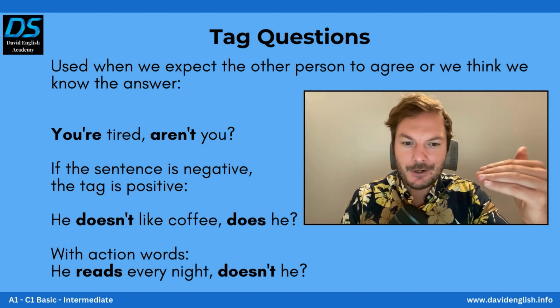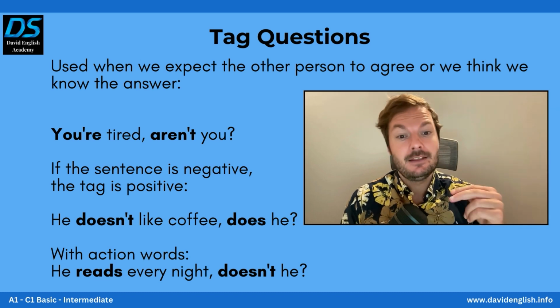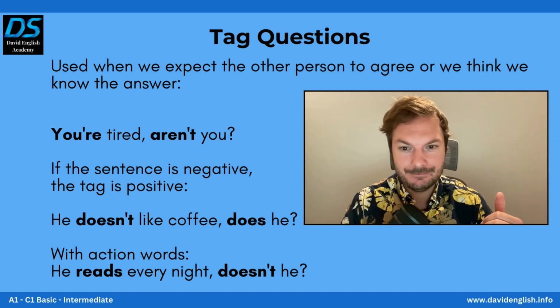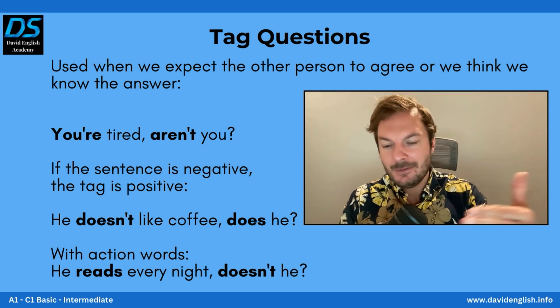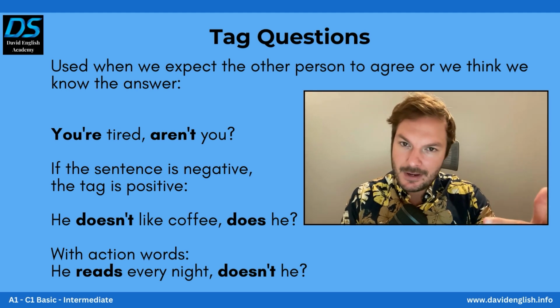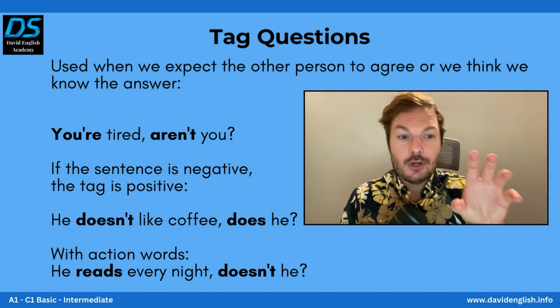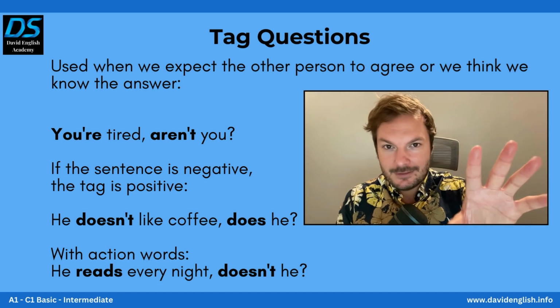You're tired, aren't you? Now, if the sentence is negative, the tag is positive. He doesn't like coffee. Does he? We came in with a negative, he doesn't like coffee, hitting him with a positive. Does he? Using the verb does.